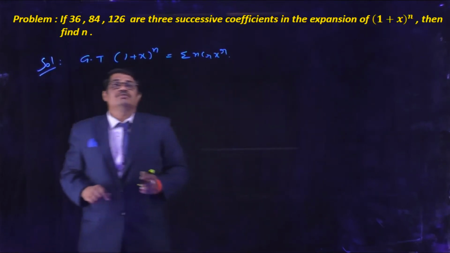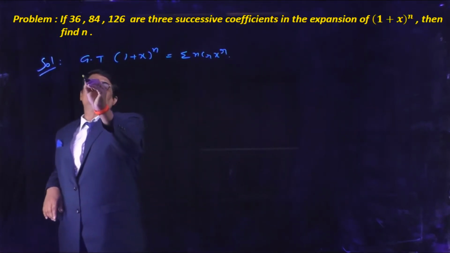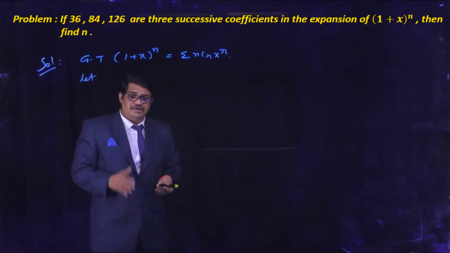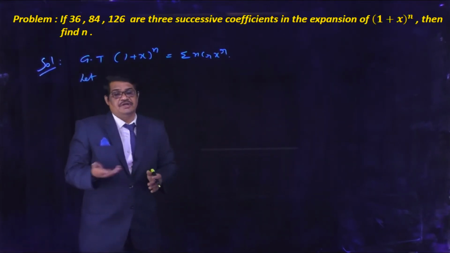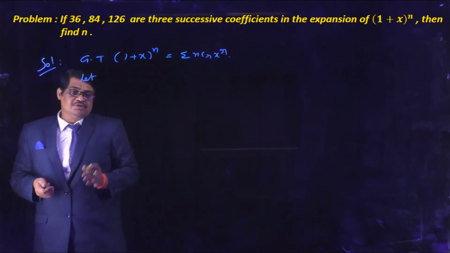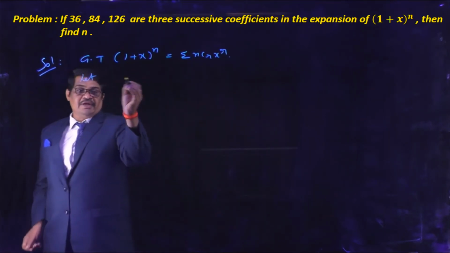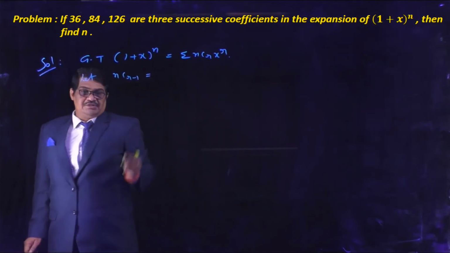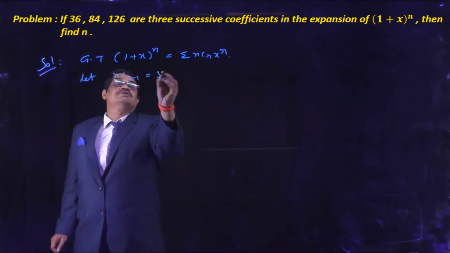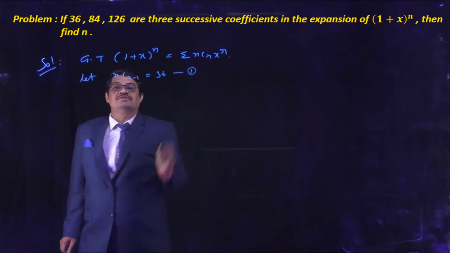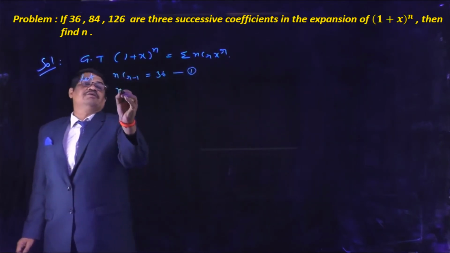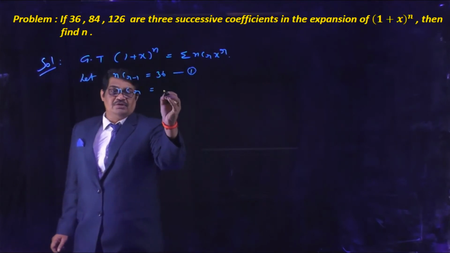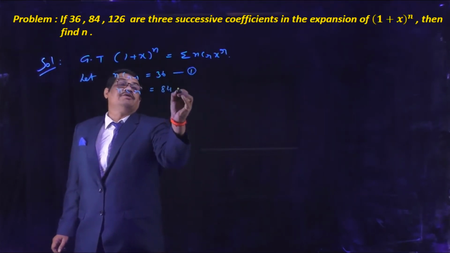So here we have taken three successive coefficients. Generally we take the middle terms. We take the three successive terms in this expansion, that is nC(r minus 1), that is given as 36, that is equation 1. Next we take this term nCr, the value is 84.